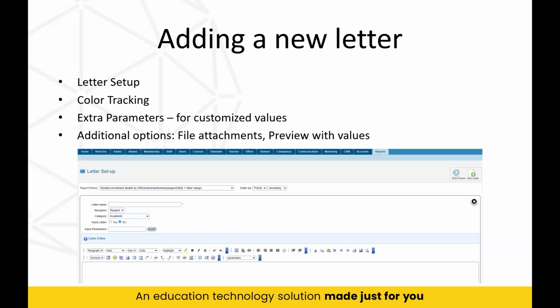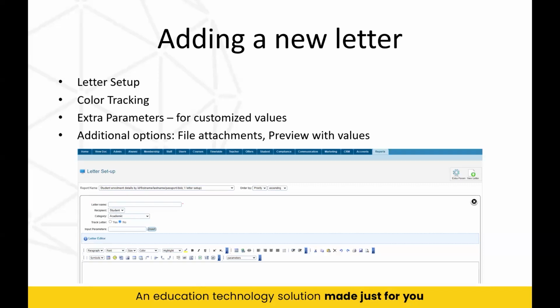Like I showed you in the previous slide for the screenshot report, here you can add a new letter for that report. So you can find your desired report, and if you click on the add new letter button, which is on the right side of the page, then this form will be displayed to you.